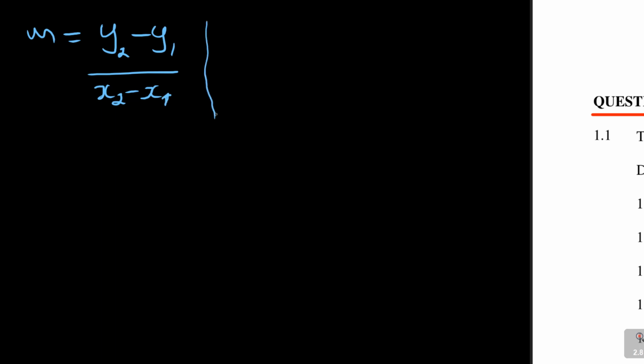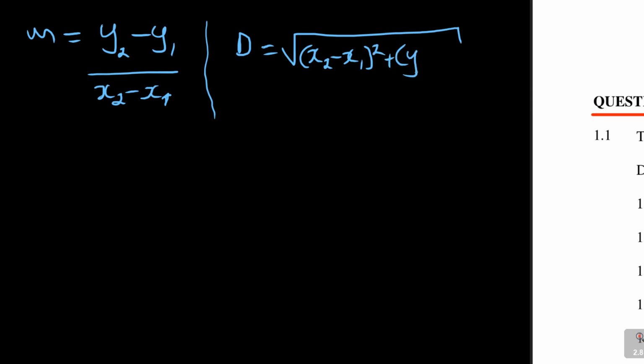And then secondly, I'll call it the distance formula. The distance is the square root of x2 minus x1 squared plus y2 minus y1 squared. But everything is under the square root. That is the distance formula.